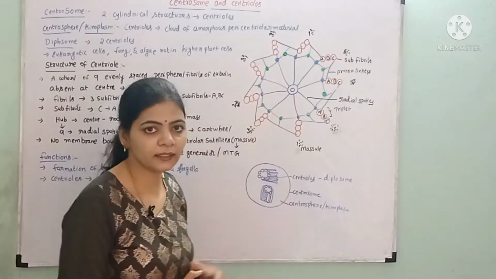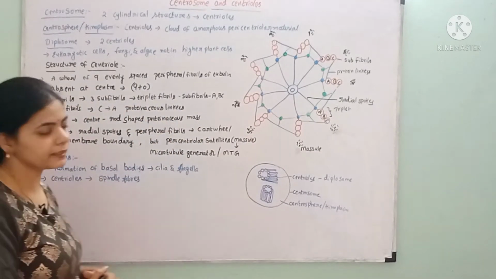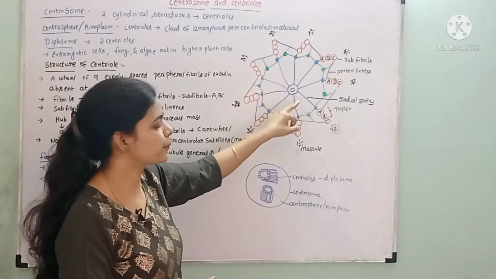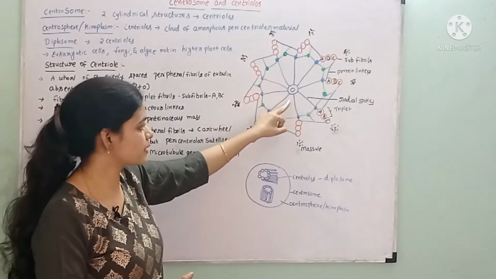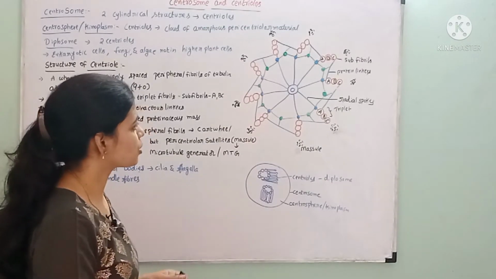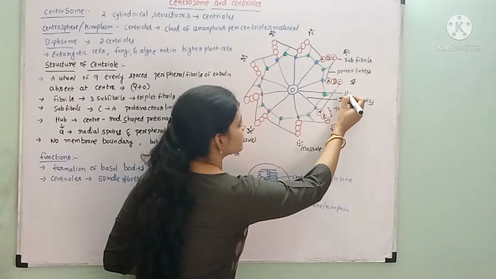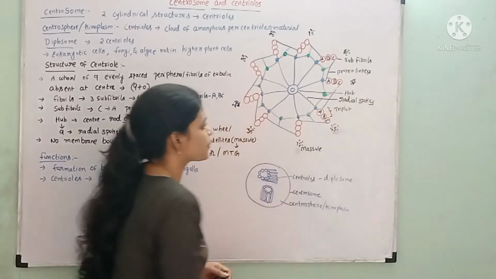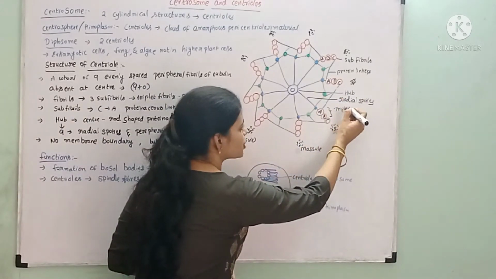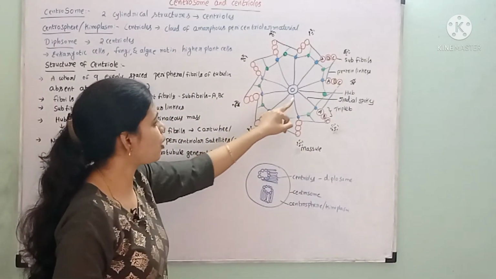Linkers are present, and at the center there is a rod-shaped proteinaceous structure, which is called the hub. The central one is called the hub. It is a proteinaceous rod-shaped structure, and from this hub again 9 spokes arise.